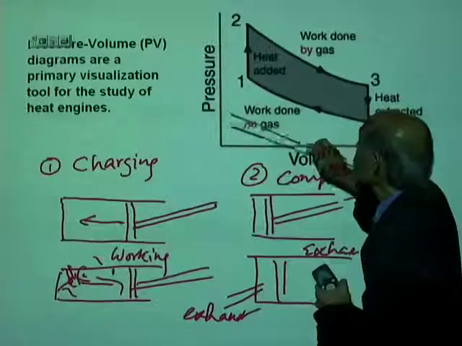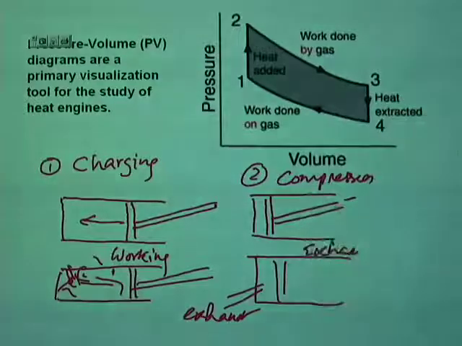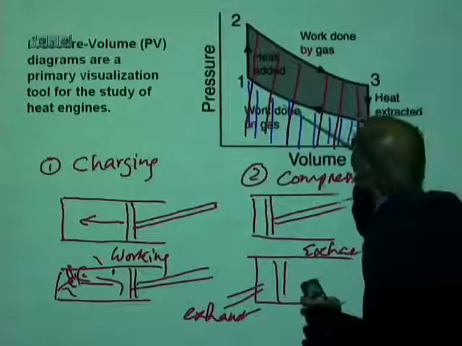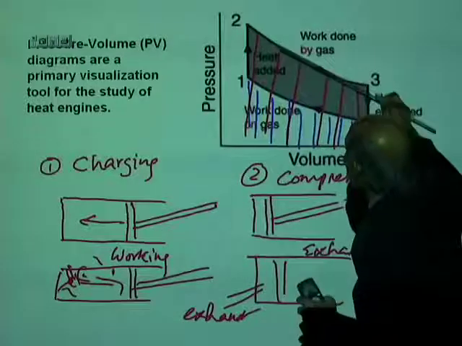Now that means, let me go back and show this one more time. Now, if this is the work done on the gas, I'm using the blue lines to represent that, then this will be the work done by the gas. You see that? The work done on the gas is the blue area.